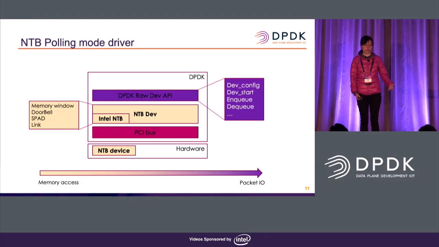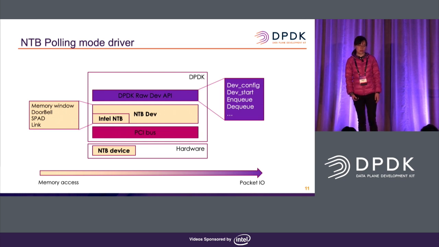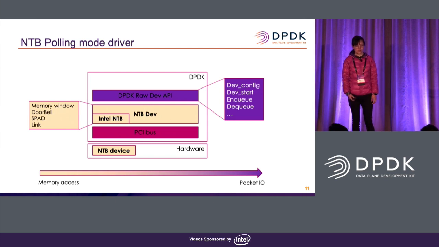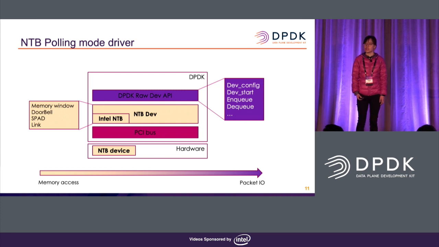So now I'm going to talk about how we enable this device in DPDK by our software. Let's have a look at this picture. As we know, DPDK has a kind of device called a raw device. It is an abstract framework to support multiple kinds of devices, to avoid introducing changes to libraries or the EAL.